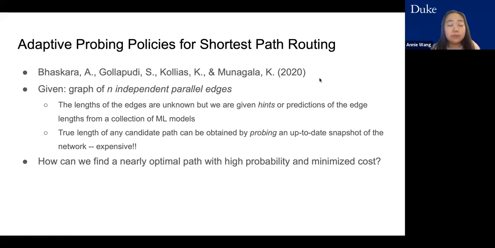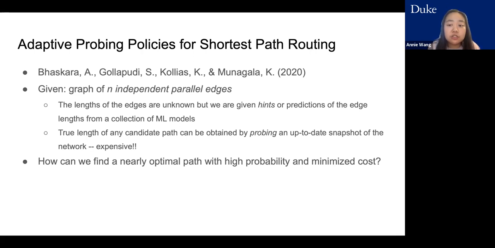So now that we've set up the problem, we'd like to introduce this paper called Adaptive Probing Policies for Shortest Path Routing. In this paper from 2020, they were looking at this problem, but specifically for the case where they have a graph with just n independent parallel edges from S to T. Again, the lengths of these edges are unknown, but we are given hints or predictions of the edge lengths from a collection of ML models.